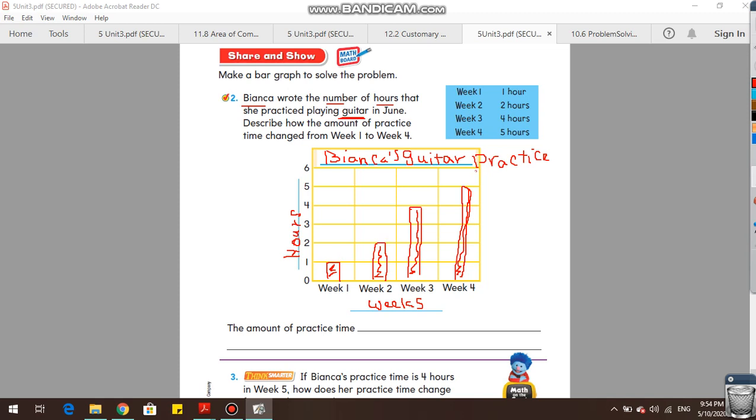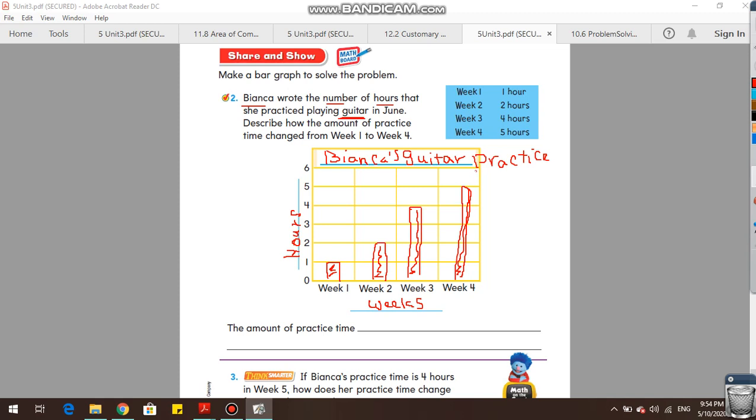So I can't say grow. Practice hour grows? No. So I have a magic word, like we have a magic word for being smaller. I said it's decreased. I have a magic word for the number is getting bigger, so I'm gonna say increased.